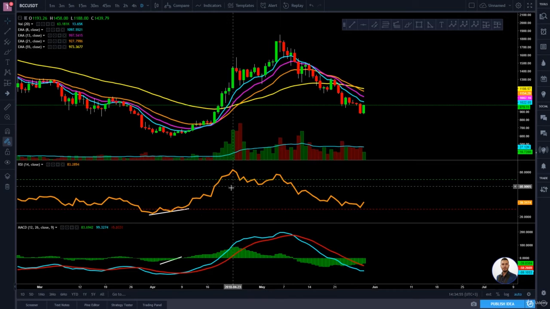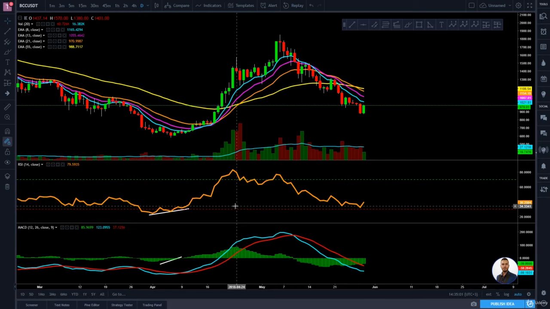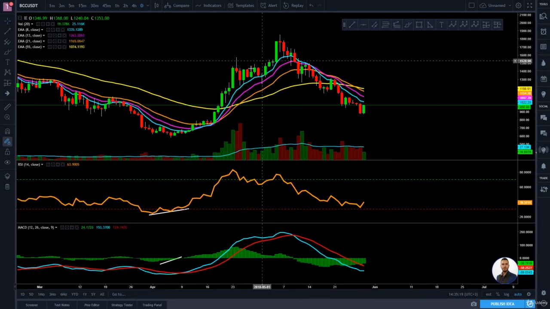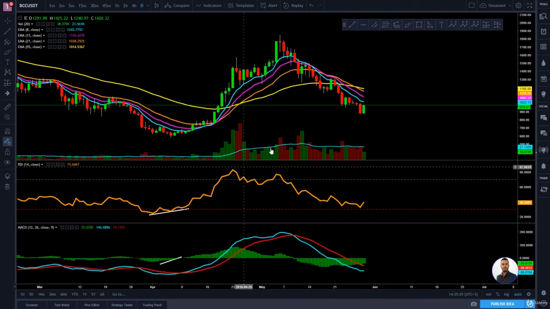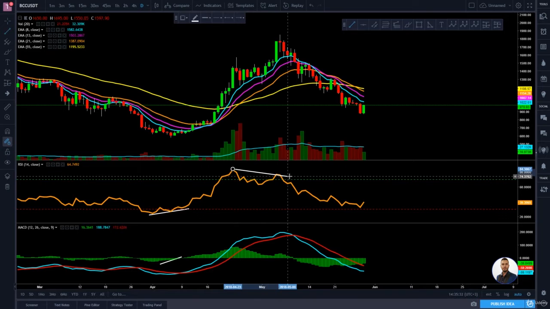So now, because we are in a buy position, we want to sell and take profit when we start to see bearish signs using the MACD and RSI indicators. So let's take a look at the RSI, and we see here that this peak hit a very overbought region on the daily time frame of 83, and after a few days we see on the price chart that we continue to uptrend, making higher highs, but the RSI is telling us that the market starts to lose strength, making a lower high of 77, and that forms a bearish divergence, and that is a signal to sell and take profit.